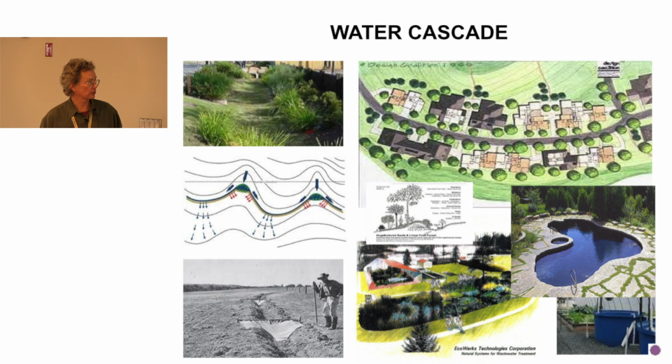And of course, does anyone know who this gentleman is? P.A. Yeomans. Who said that? Yes. And so this is a picture of P.A. Yeomans standing beside his keyline irrigation swale.